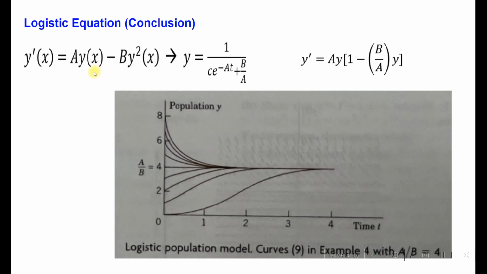The proportion of a over b determines the limit of population, and by observing this mathematical form, the population will be an exponential function, and the starting point of the population will determine whether it is an exponential growth or exponential decay function.